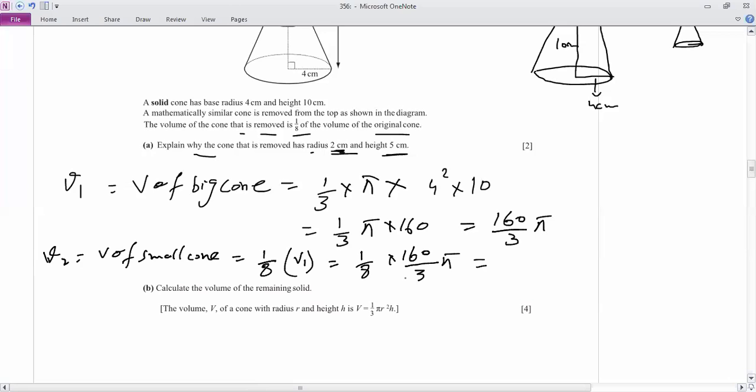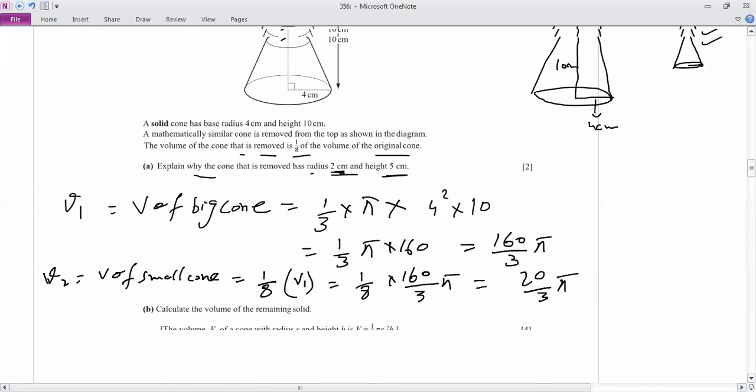You can do in decimal also, but it's better if you keep the value of pi as it is. So 1 over 8 into 160 over 3. It will be 20 over 3 pi. 20 over 3 pi. And as the question is saying, the cones are mathematically similar.